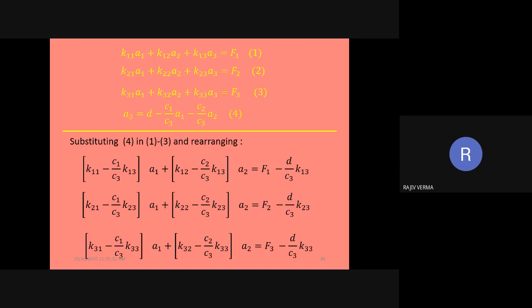These 3 equations have simply been obtained when you substitute the value of A3 in the first, second and the third equation, and the result of this is that you have 3 equations now, but they happen to be functions of only A1 and A2.